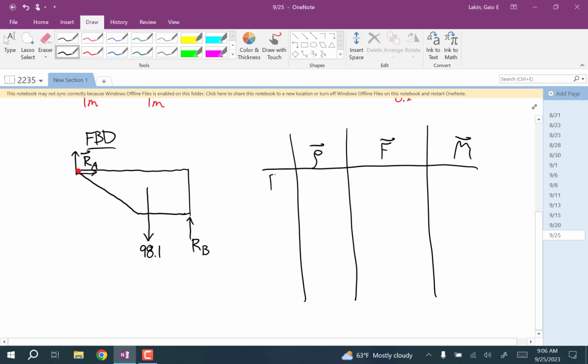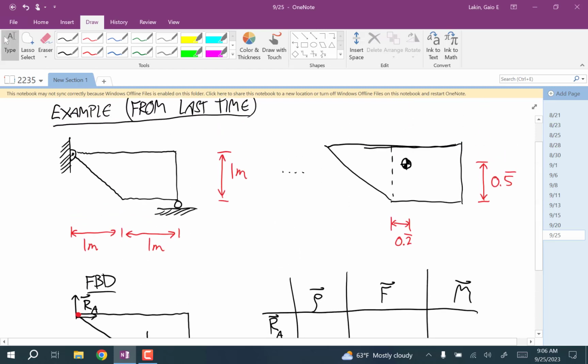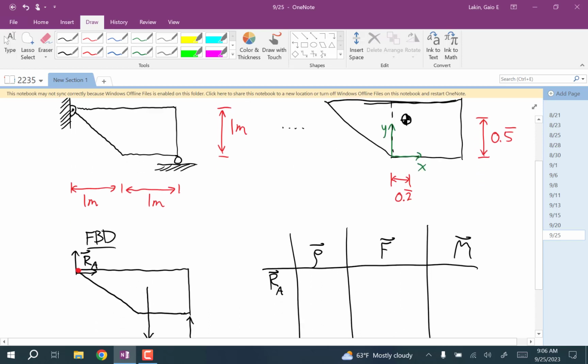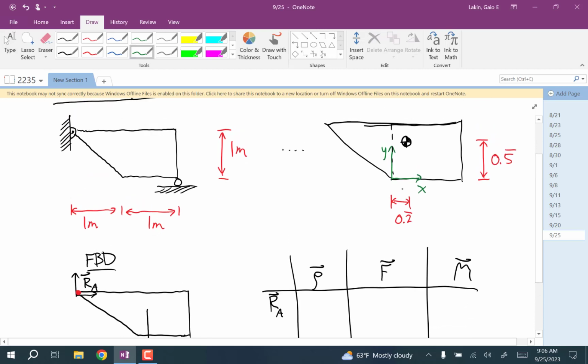So first we have this force RA. From where the origin was, which is this, that rho vector is going to be -1 for x, +1 for y.